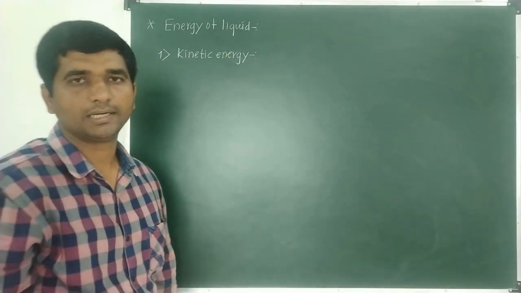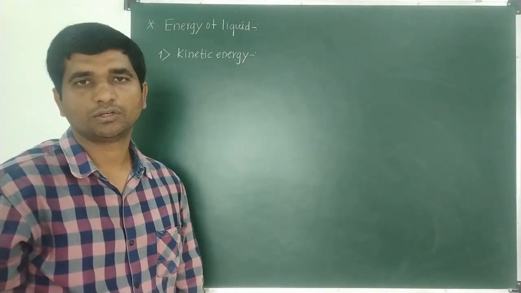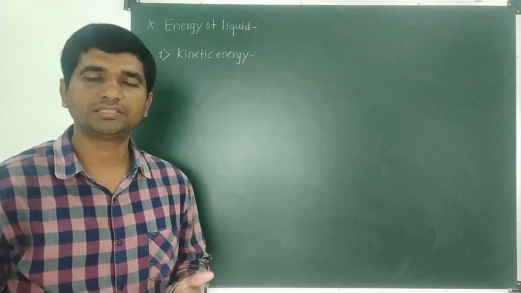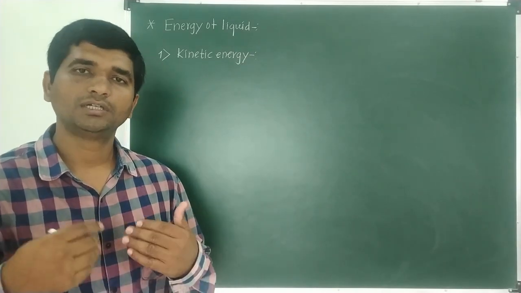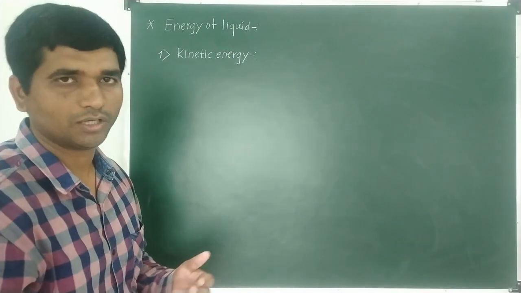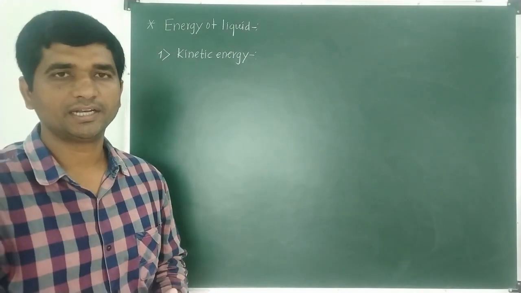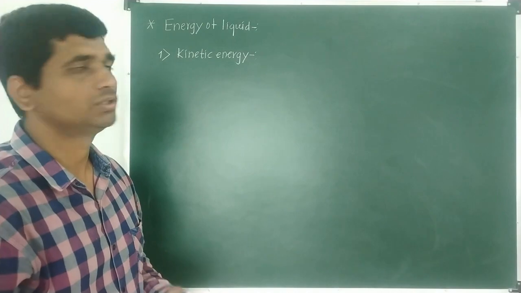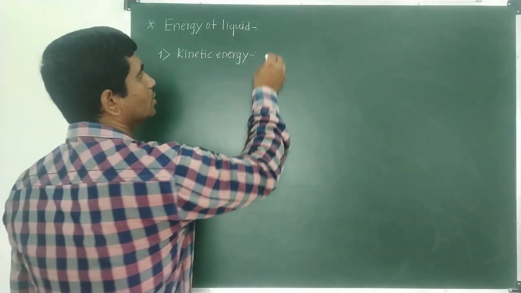We have studied earlier the kinetic energy of a body. It is nothing but the energy acquired by the body by virtue of its motion. First we will note it down and then we will see what the kinetic energy of a liquid flowing through some container is.